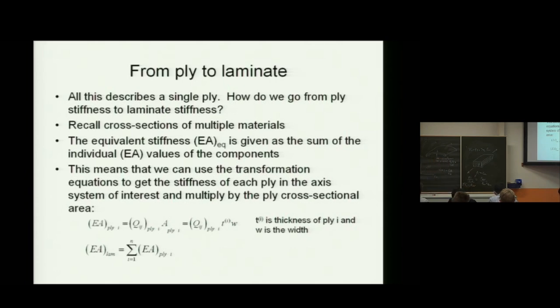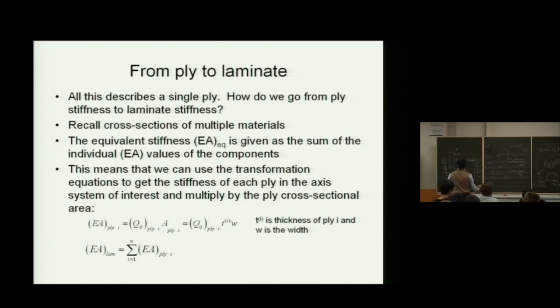That means I can solve for each of these forces. Let's do an example to make it easier. Let's say I only have 2 plies. Then I know that F1 plus F2 equals the total force.